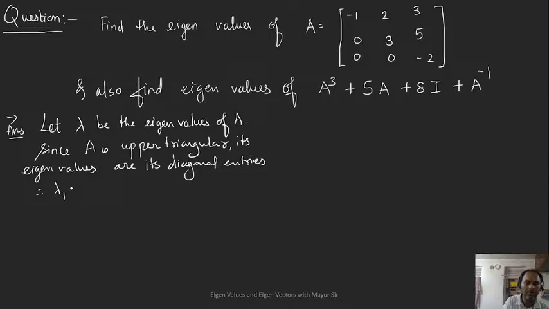Therefore lambda 1 is -1, lambda 2 is 3, and lambda 3 is -2. This is what we have to do.